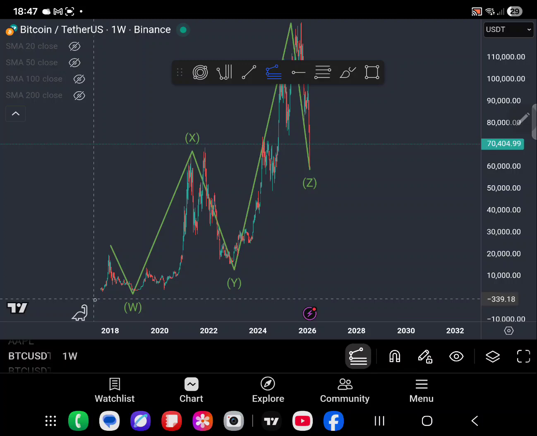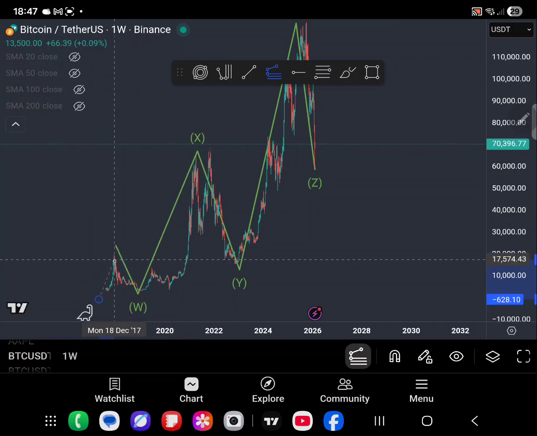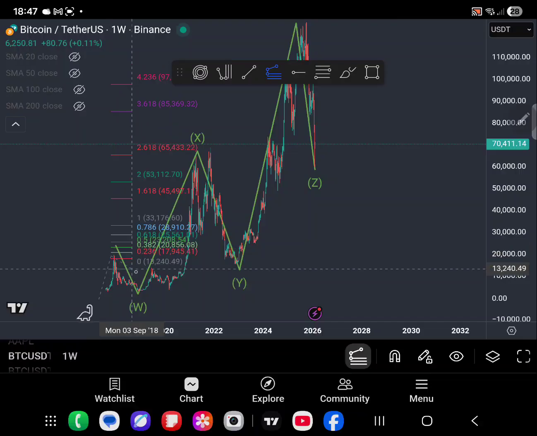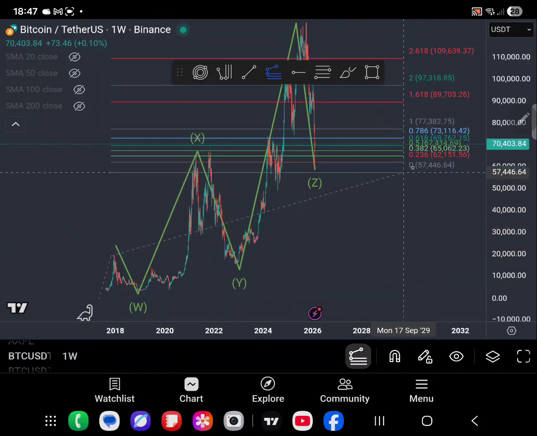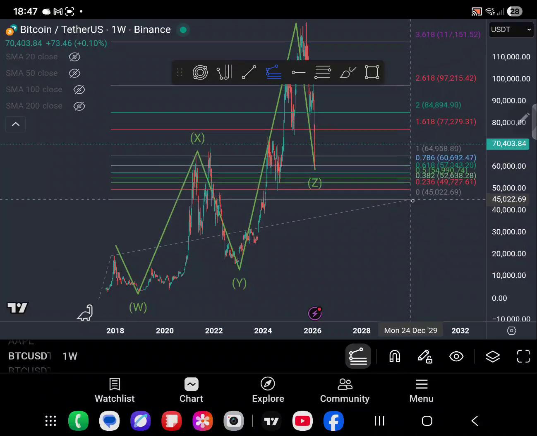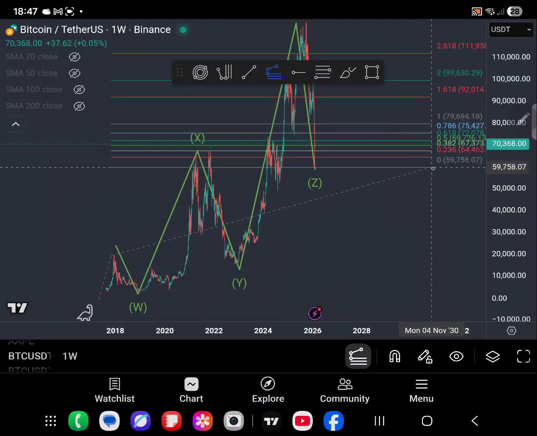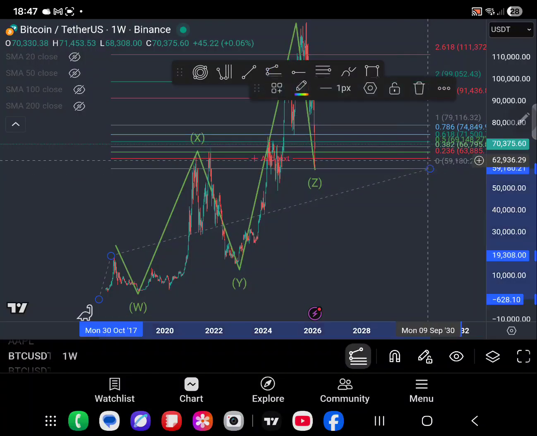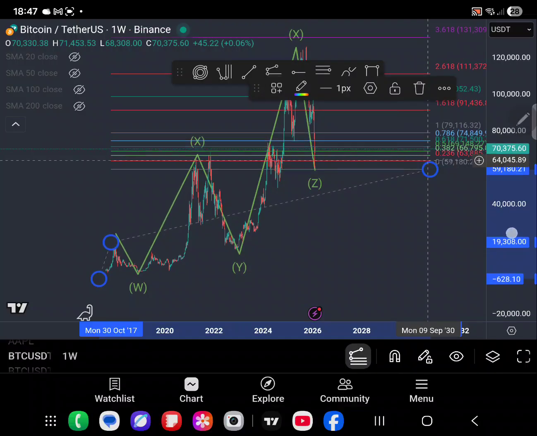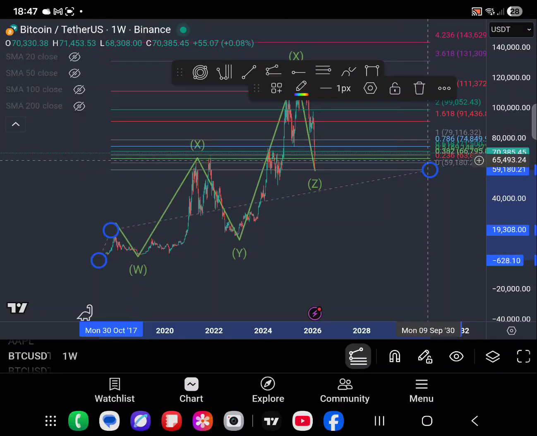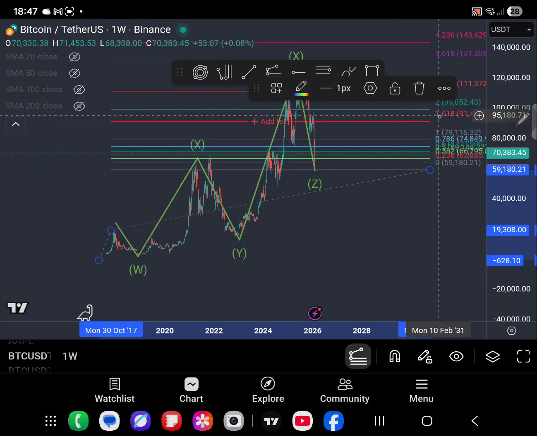And then 20,000, which is about there. Well, I'm going to change this a little bit. I'm going to set that to about 60,000, where it's dropped to. So what is Fibonacci extension? Well, the number I'm looking at is 1.618. That's usually the extension that we see for wave 3 in Bitcoin.